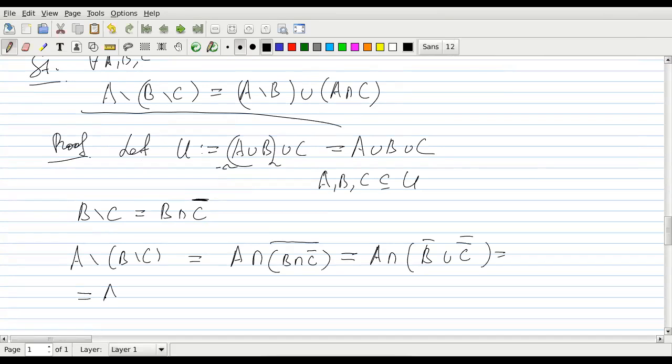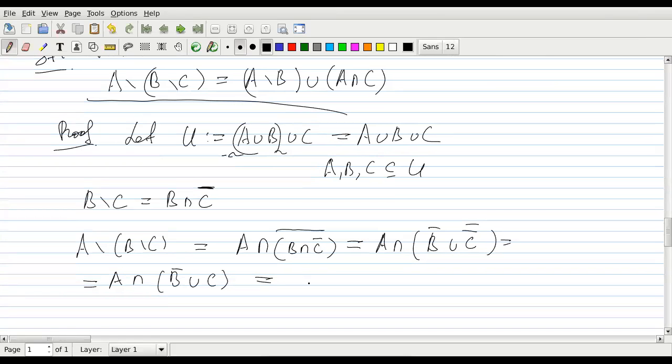Double complement does nothing. So then I'll apply distributivity and obtain something like that. It is A minus B union A intersected by C.